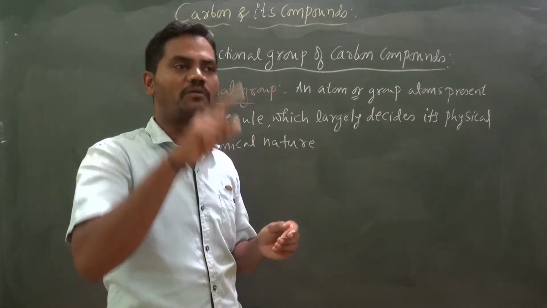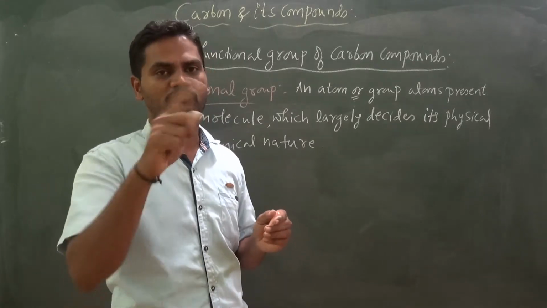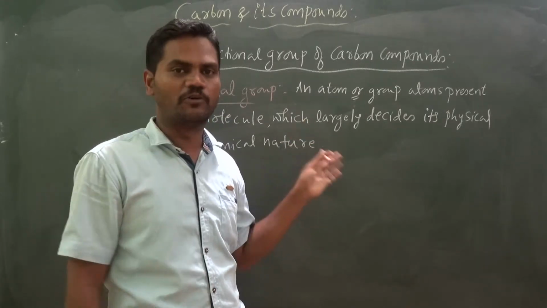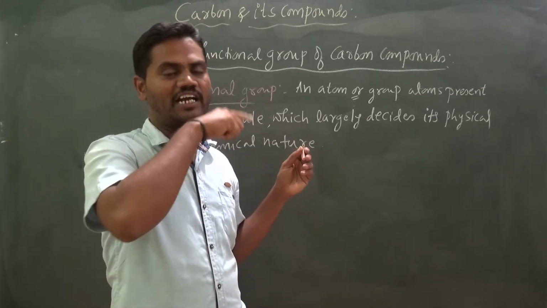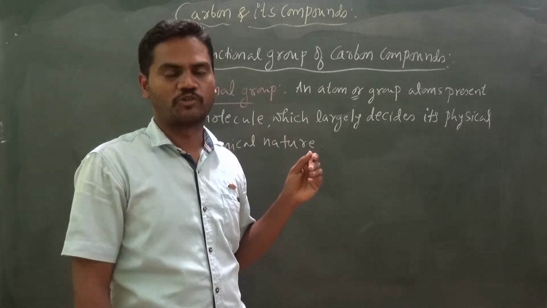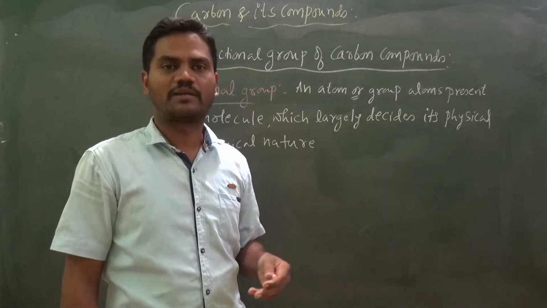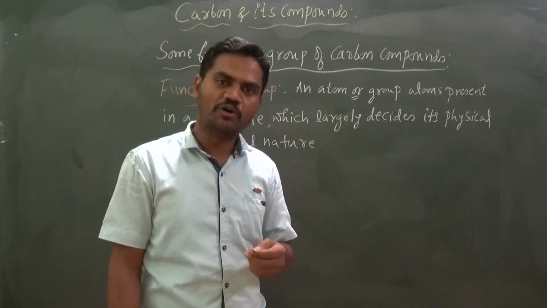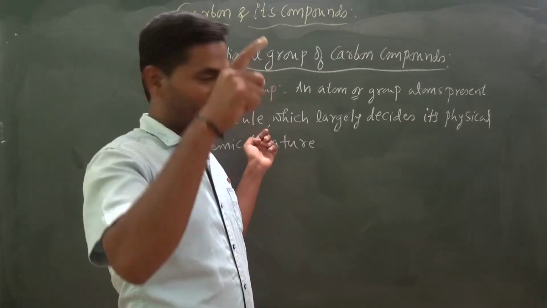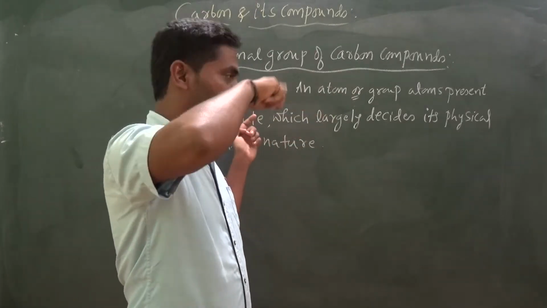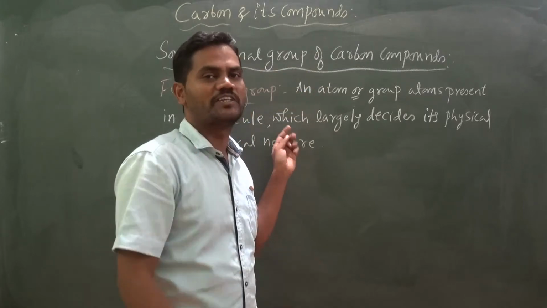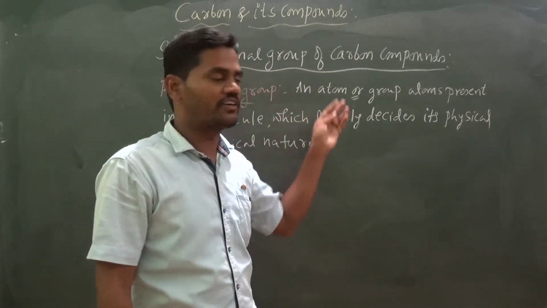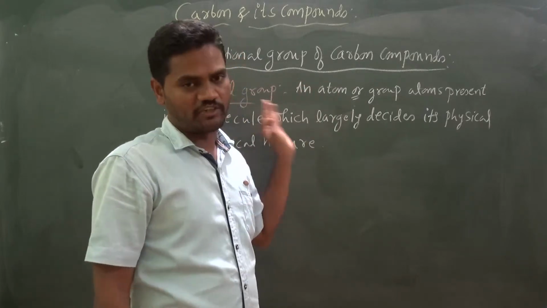This carbon compound belongs to the ketone. Suppose it contains C=O, it means the functional group is the ketone, so that organic compound belongs to the ketone group. Then another one is carboxylic acid also. Suppose the functional group present is a COOH group, then all those organic compounds belong to the carboxylic acids. So this is all regarding the functional group.